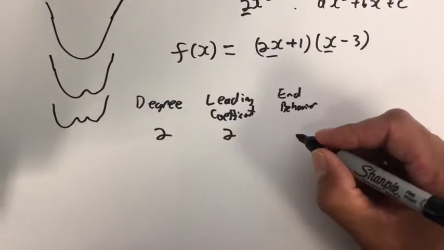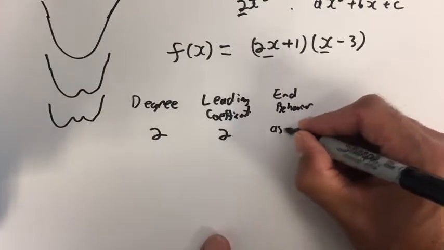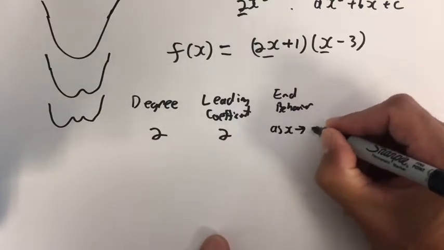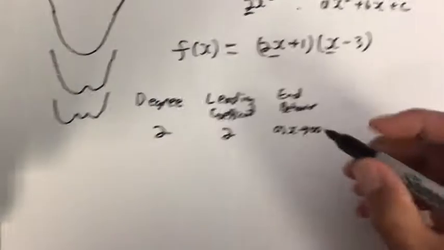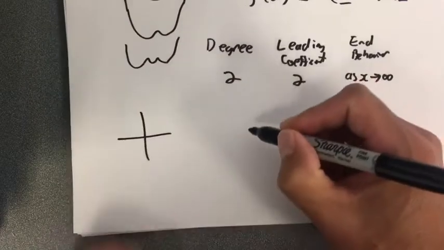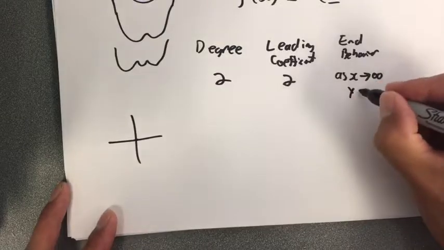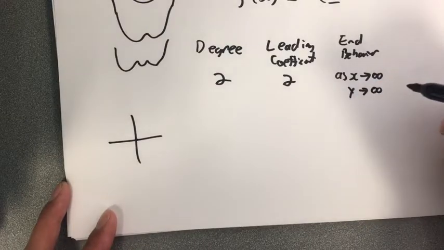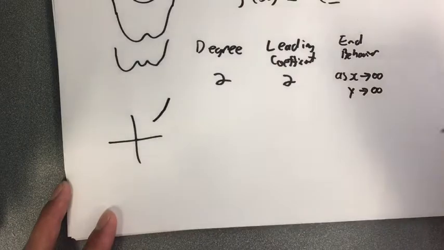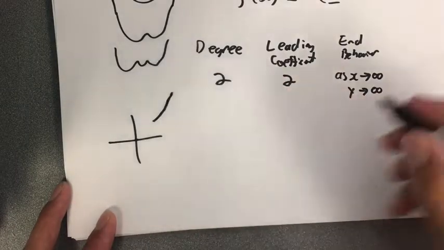So what is my end behavior? As x approaches infinity, so on my x-axis, as I go this way, y approaches infinity. So on the end, it goes like that. It's going up.